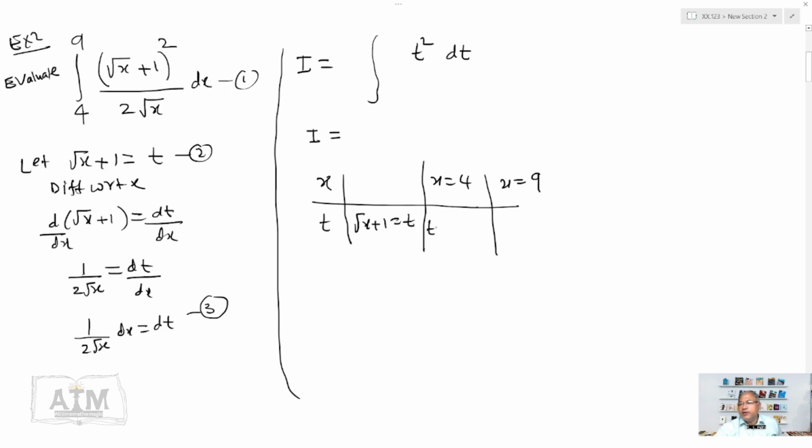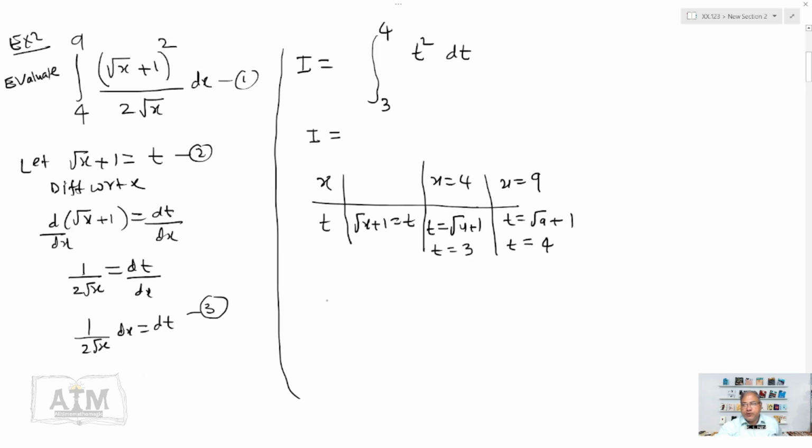So when x equals 4, t is root 4 plus 1, so t equals 3. Similarly, t equals root 9 plus 1. Therefore, t equals 3 plus 1 equals 4. Therefore, the new limits are 3 to 4. So write 3 here and 4 here.